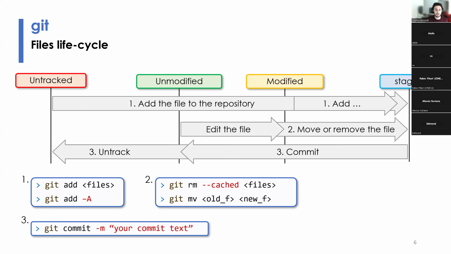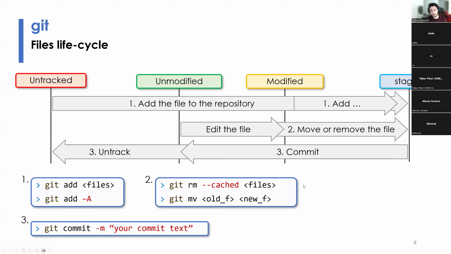To add untracked or modified files, we just use git add on those files, or -a if you want to add all the files that you can add in that repository, to stage them. Another way to stage files is in the case you want to remove or move those files. By move, I mean you want to change the position or the names, with these two commands, git rm and git mv.